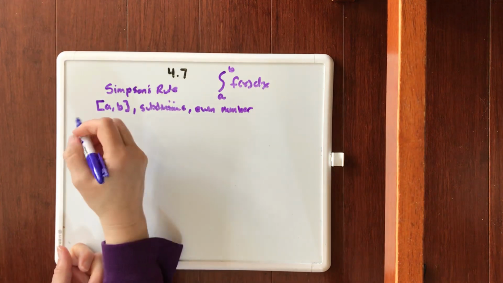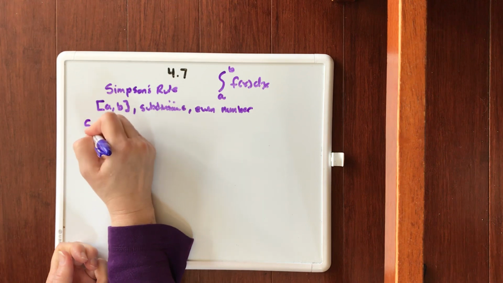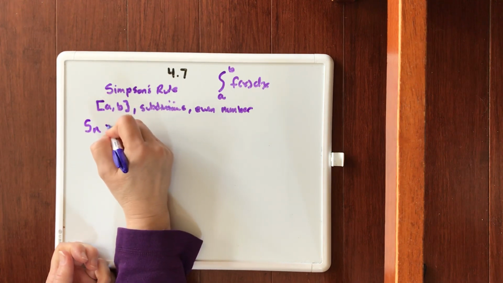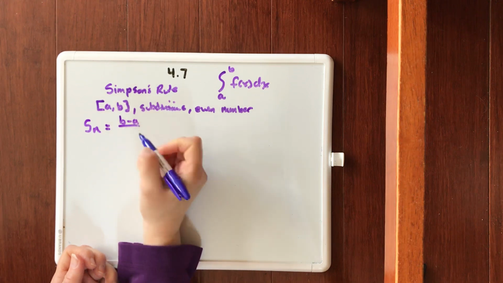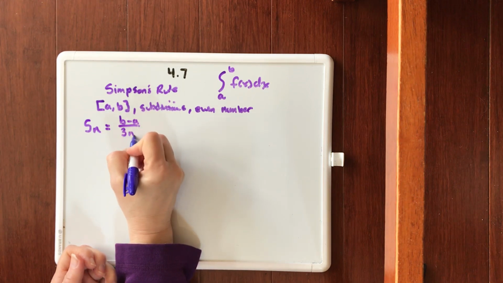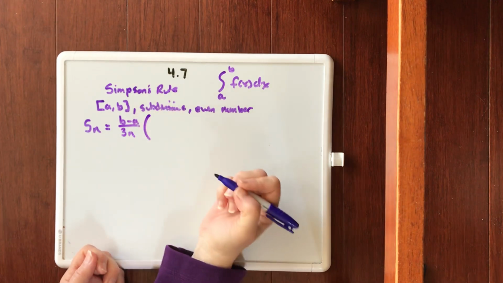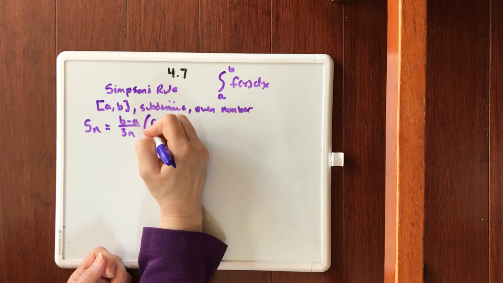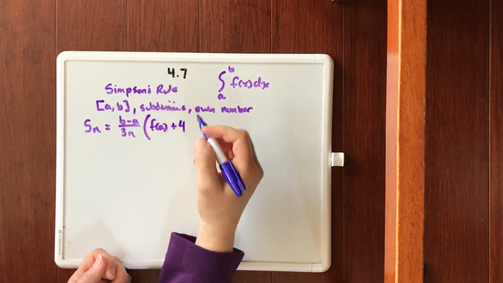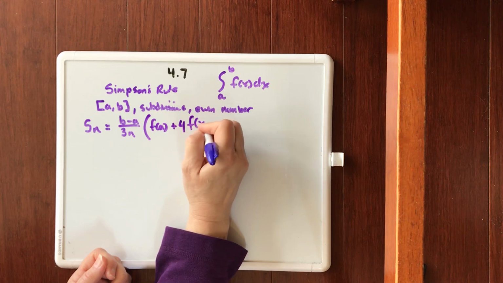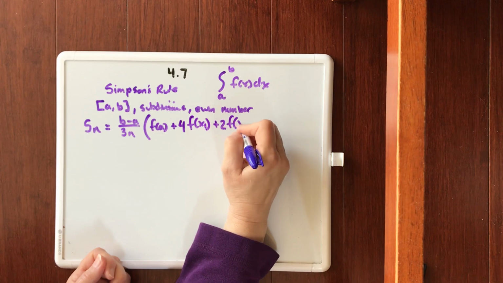Okay, so here is Simpson's rule, and you're gonna go, what? Don't worry about it. I'll give you an example. So Simpson's rule is b minus a over, instead of n, it's gonna be 3 times n. All right, why? You don't need to know that at this level. You just know how to apply it. So here's this rule: f of a plus 4 times f of x sub 1 plus 2 times f of x sub 2.